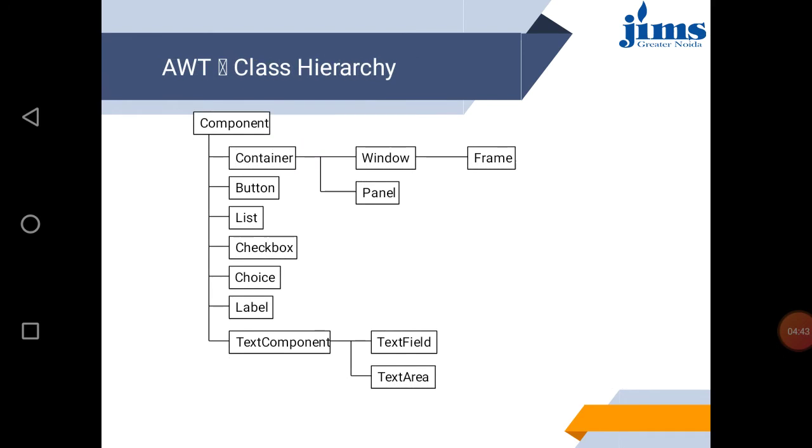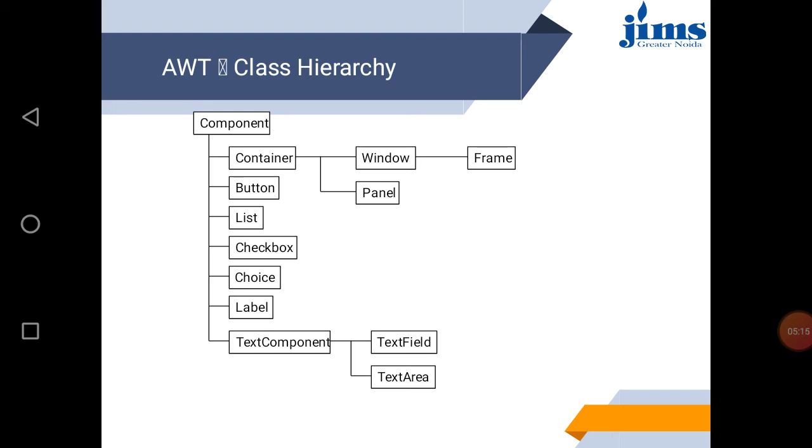And if we see this diagram, there is one topmost box showing component, and the rest are containers, button, list, checkbox, choice, label, text components. So everything in AWT programming is using component. Container is also a kind of component.